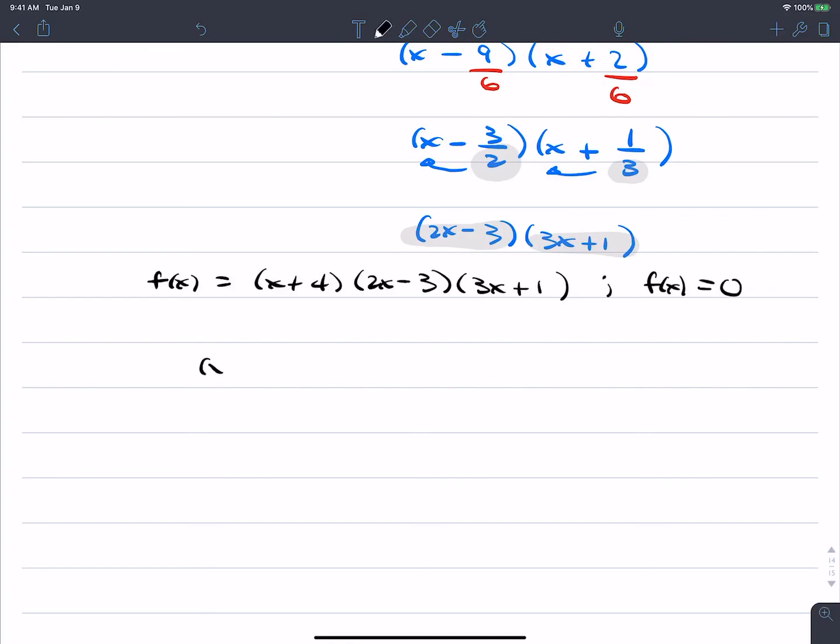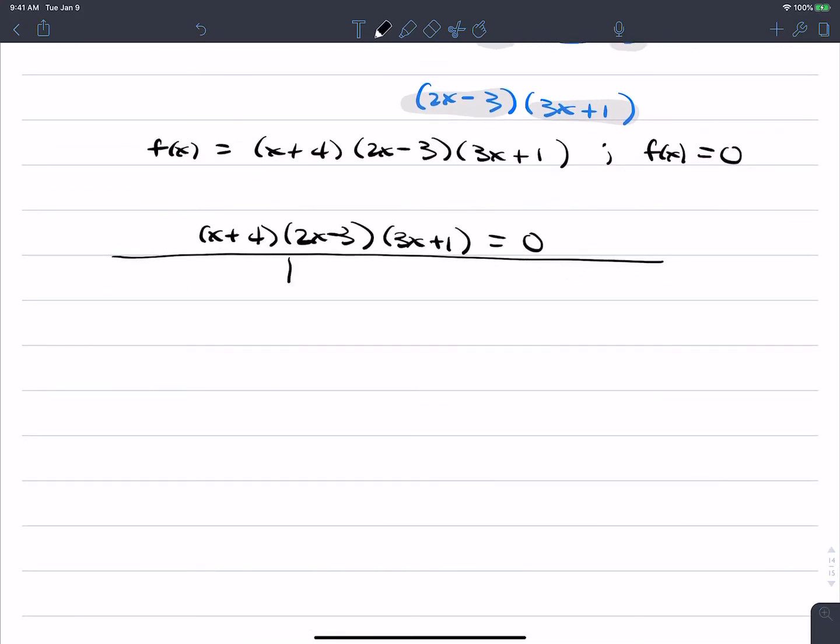So that means we have x plus 4 times 2x minus 3 times 3x plus 1 equals 0. And we use our zero product rule. Because remember, we got a product of 3 terms and it equals 0. So we're going to set every one of those terms equal to 0.